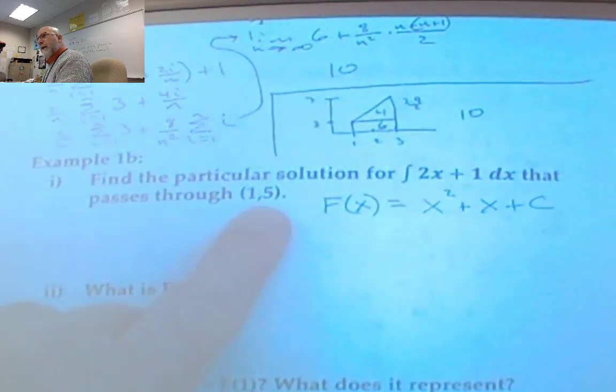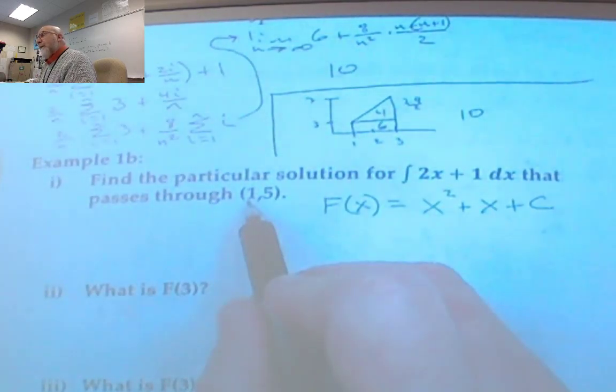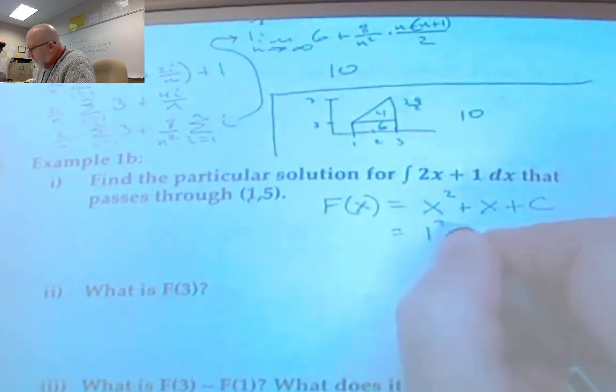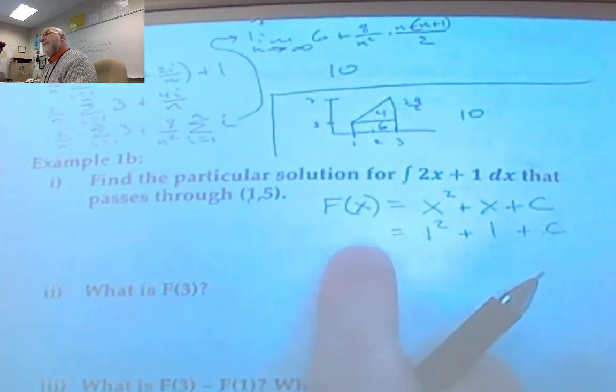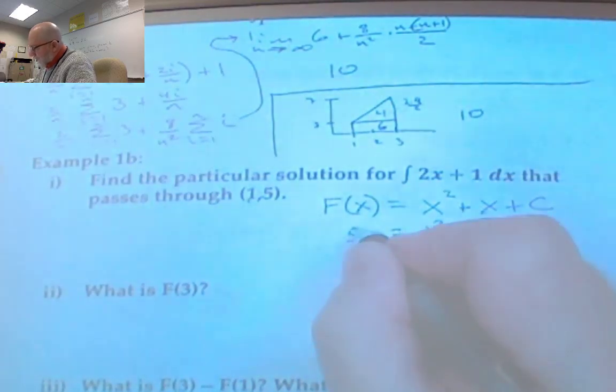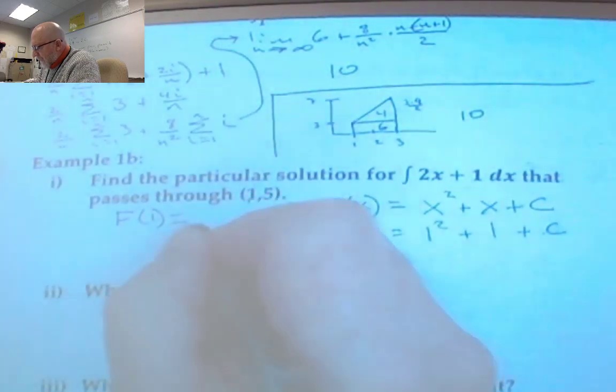Do you know how we can figure that out? This 1 is the what coordinate? So I'm going to put 1 into here. 1 squared plus 1 plus C. Guess what it has to equal? The y coordinate, which is 5. So, because f of 1 equals 5.